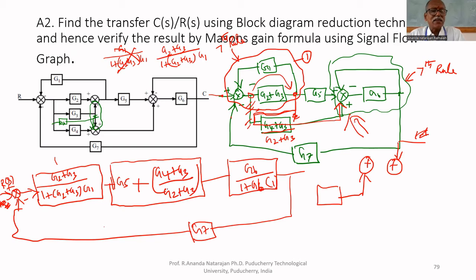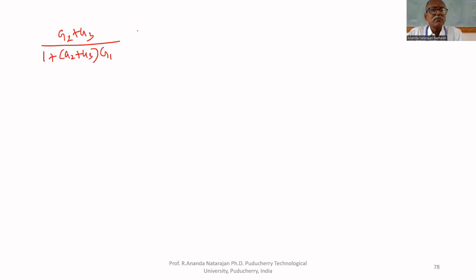G5, if you take LCM, what will you get? G5 multiplied by G2 plus G3, plus G3 plus G4, whole divided by G2 plus G3.